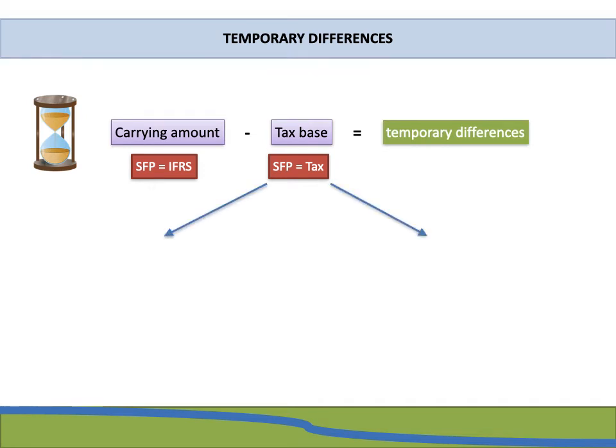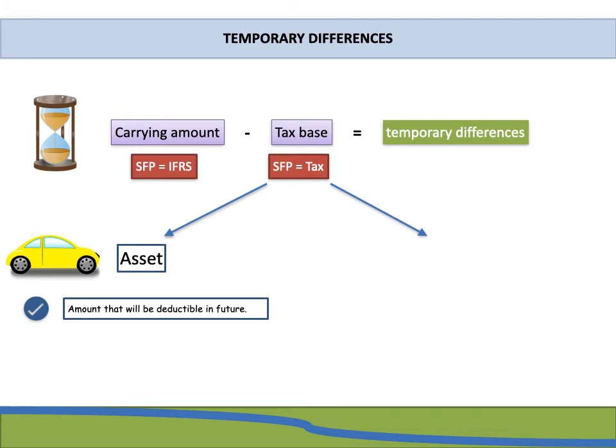Now, if we have a look at the tax base of an asset, that will be the amount that will be deductible for tax purposes in future against any taxable economic benefits that flow to the entity when it recovers the carrying amount of the asset.